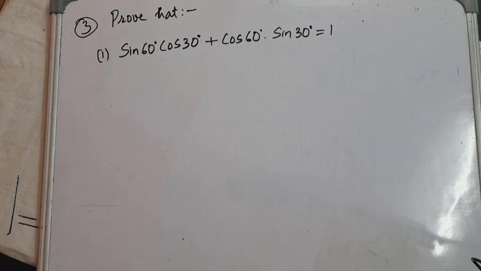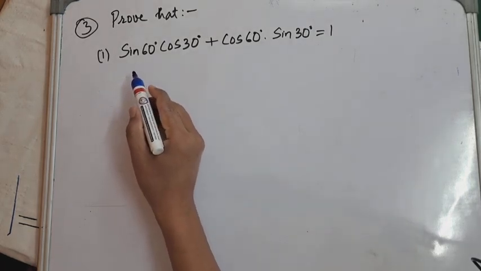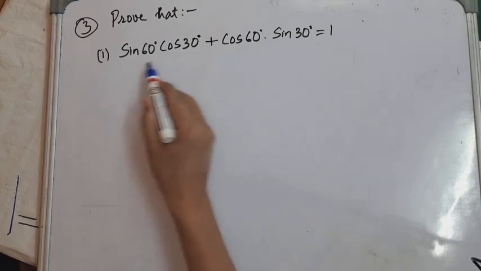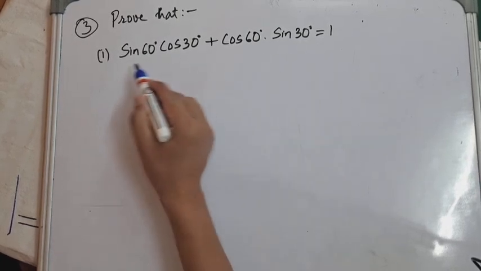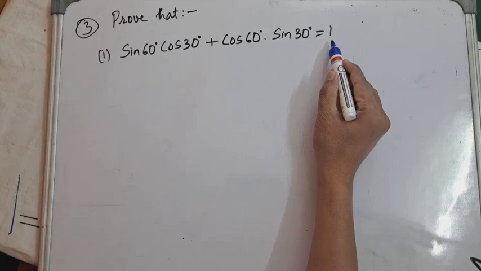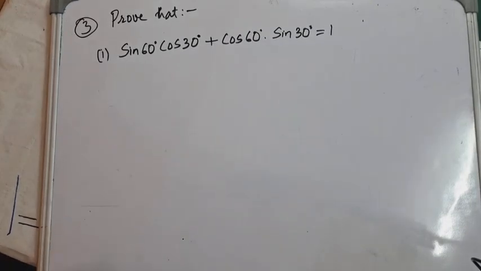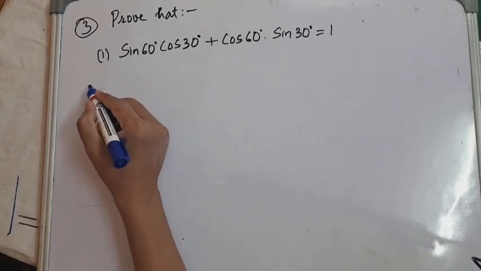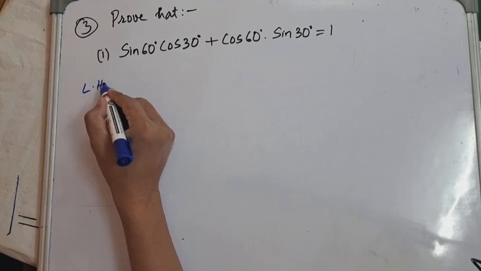So this is question number 1 of 3. We are asked to prove this trigonometrical identity. This is the left hand side of the equation and we are asked to use this and prove this equals 1. So let us do this. Now LHS, let me copy the left hand side of this equation.